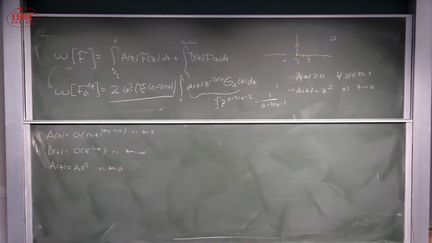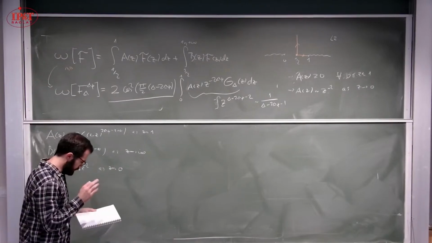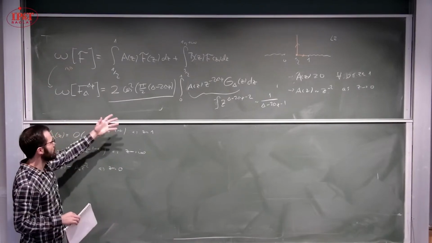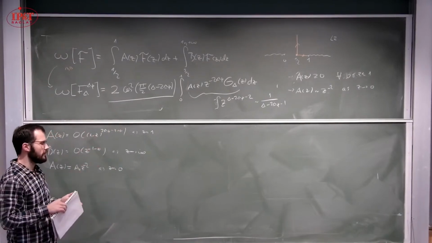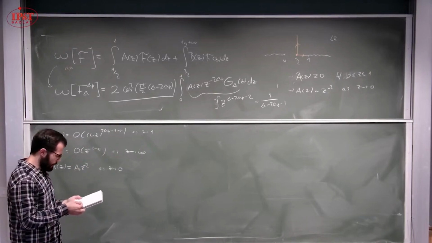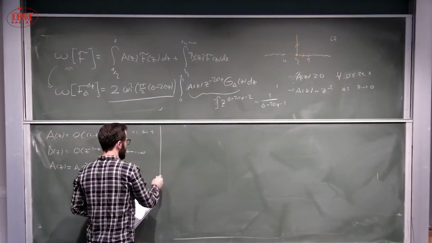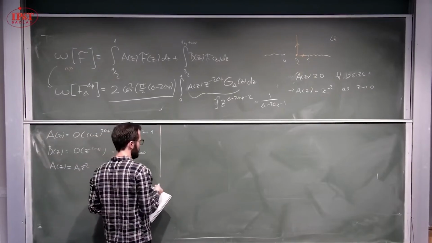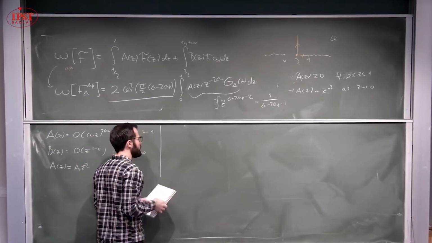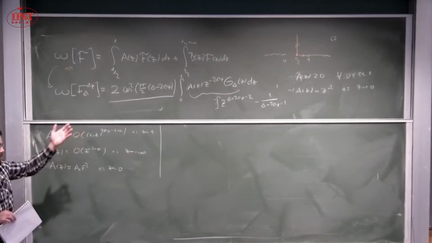Okay. But I haven't explained to you how to go from here to here, which is what I'll do now, and that will produce some additional constraints on A, B, which will be sufficient to find a unique answer for A and B. You may think this will depend on some non-trivial properties of the conformal blocks.